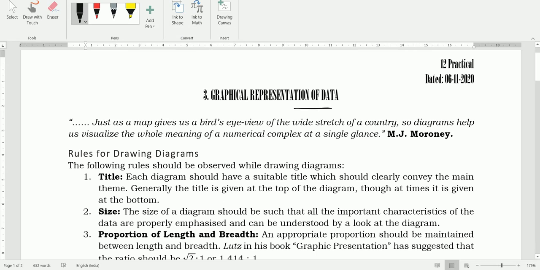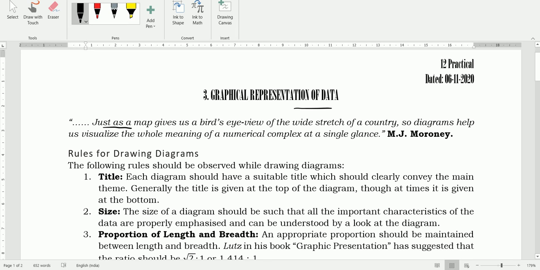Here one remark is given by M.J. Moroni. He was a famous statistician. I'm reproducing only a few lines. It was very comprehensive and long, but I'm taking out only the important lines. So let us read.